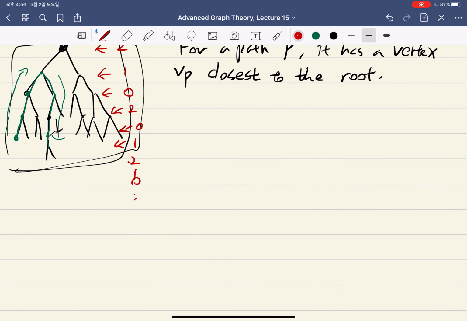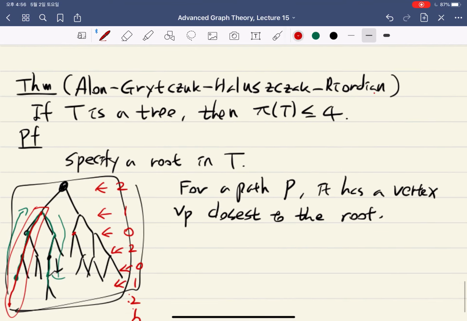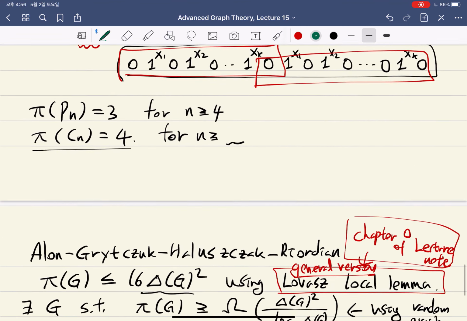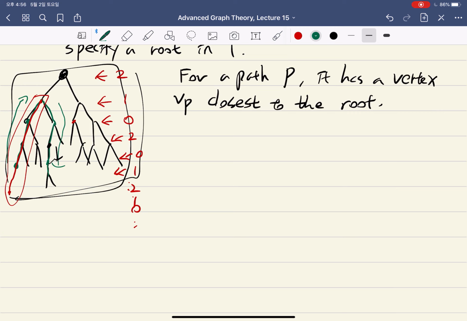In that case, any path that starts and goes up and never comes down has no repetition, because the pattern on the path is a subsequence of this, which doesn't contain any repetitive coloring. So it would be okay for that path, but for a path which goes up and then goes down, we have to check whether that's also okay.